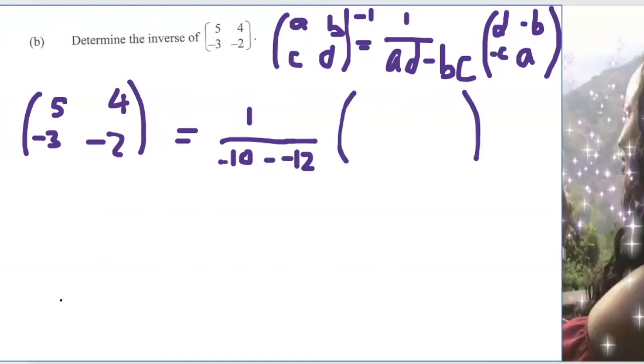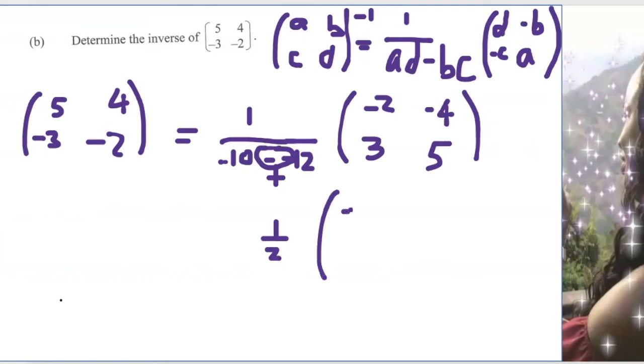The adjoint now, I switch the positions, I have minus 2 and 5, and I change the signs of these, I'll have minus 4 and positive 3. Here we can simplify this further because minus and minus give me plus. So this is minus 10 plus 12, that's 2.